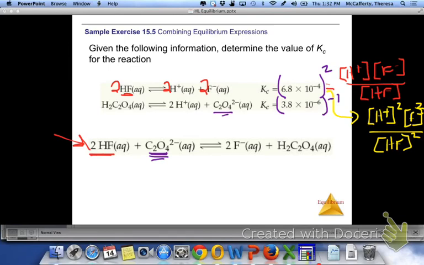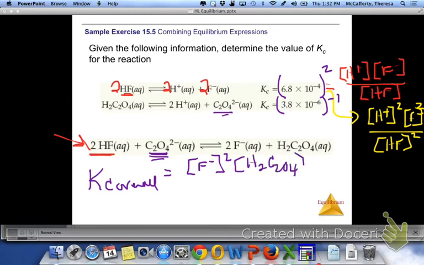All right, well let's just real quick do the Kc for my overall equation and see what it is equal to. So here I get fluoride ion squared times the oxalic acid over HF squared and the oxalate ion.